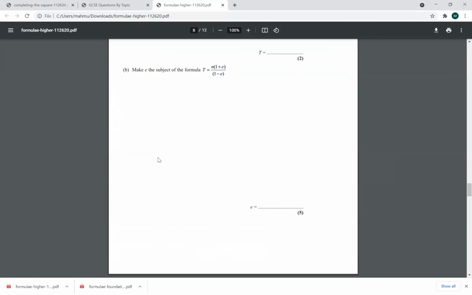So you write it out. Okay. So start writing out. It's 5 marks, so it's going to be quite tricky as well. So t equals, then put 1 minus e. I'm just showing them. 1 minus e equals n. So I've shown them the first step. I've taken the 1 minus e to the other side.